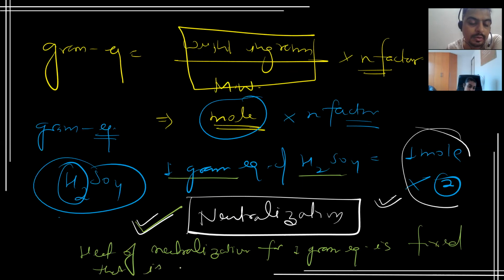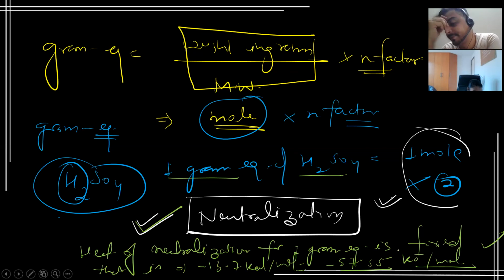That is minus 13.7 kilocalorie per mole, or you can say minus 57.55 kilojoule per mole. It is a fixed value for strong acid, strong base. If we have a weak acid, strong base, or weak base, strong acid, then this value can be calculated through a formula.